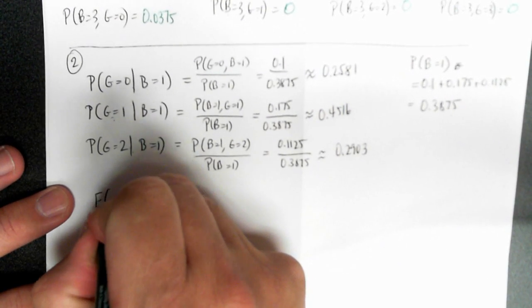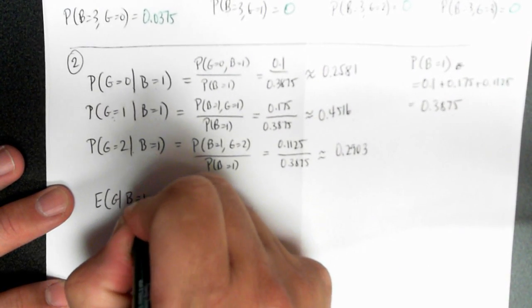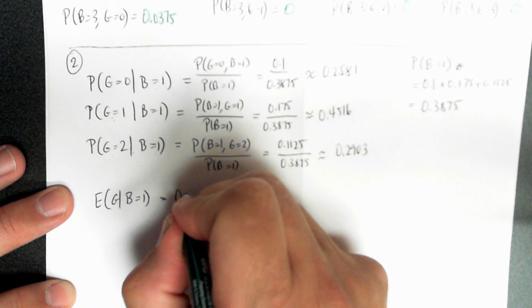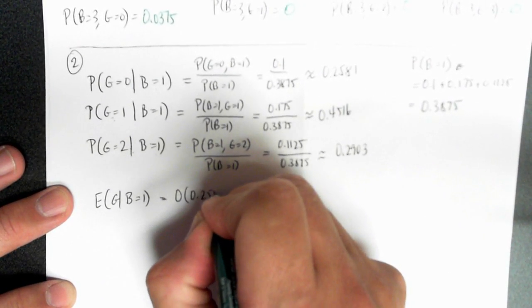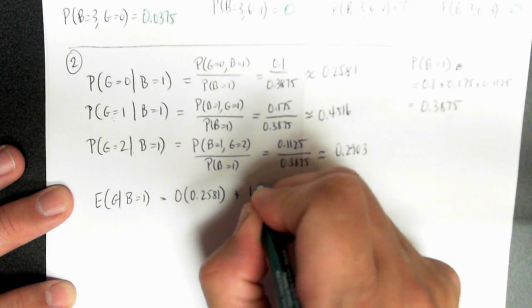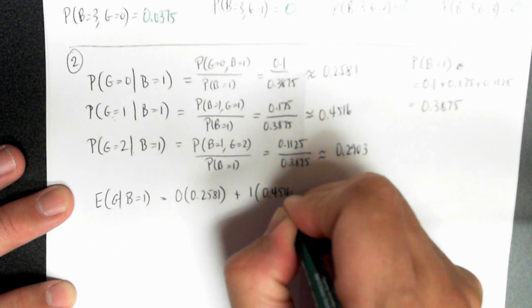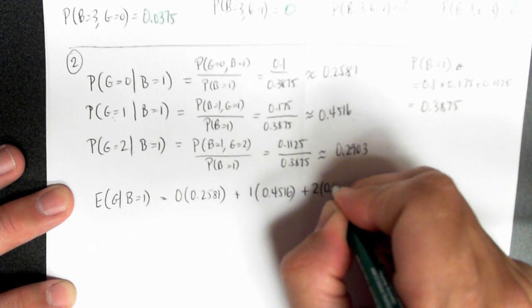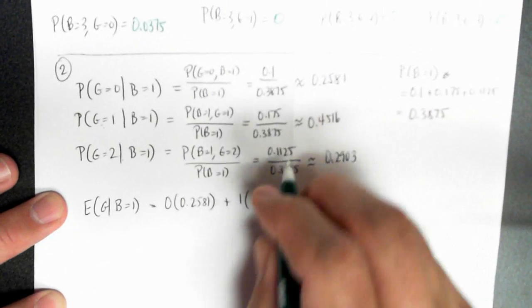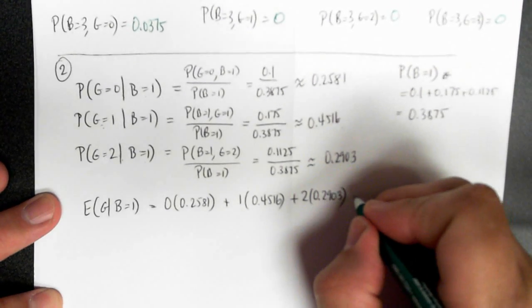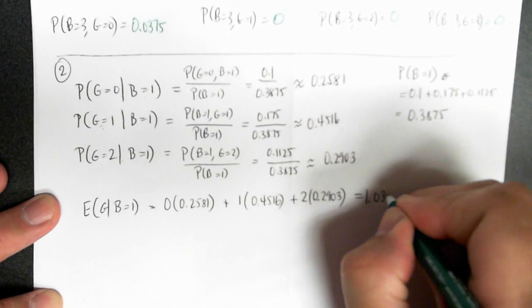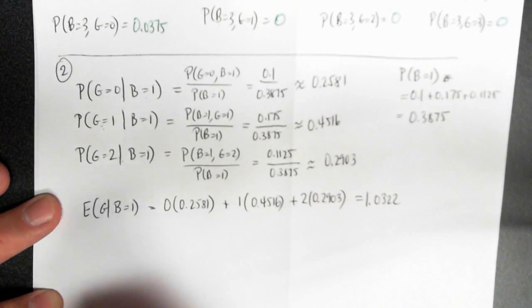So the expected value of G given that B is equal to 1 will be equal to 0 times 0.2581 plus 1 times 0.4516 plus 2 times 0.2903, and that works out to be 1.0322, plugging in the calculator.